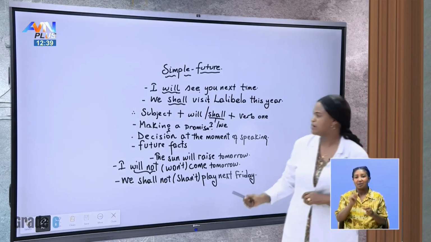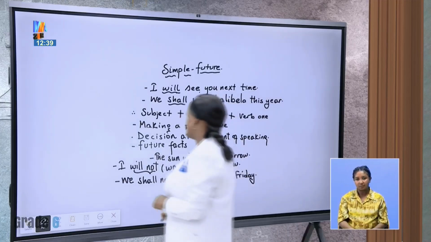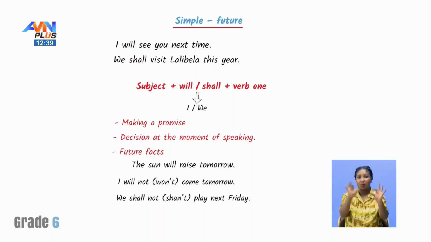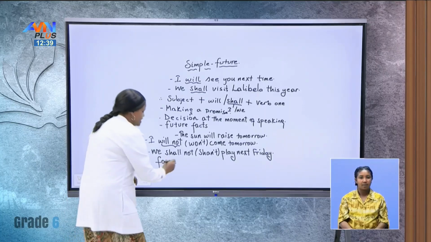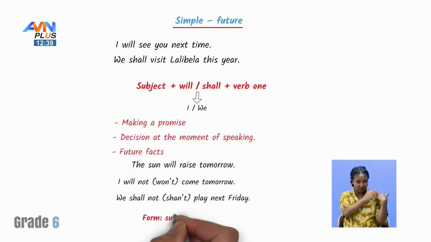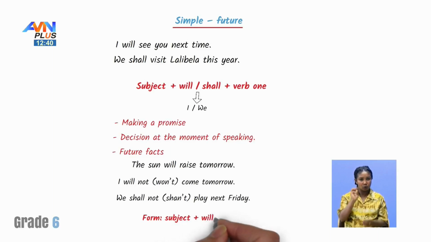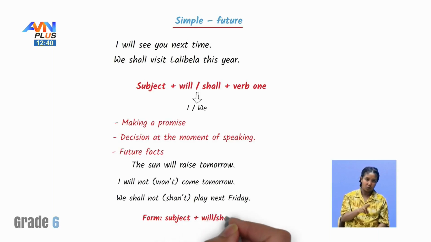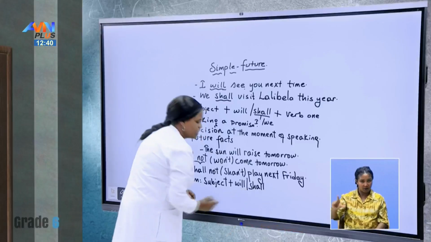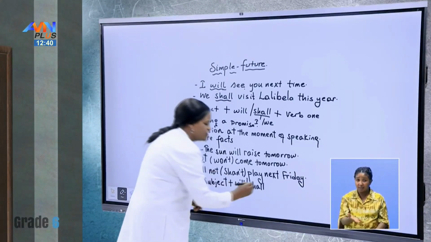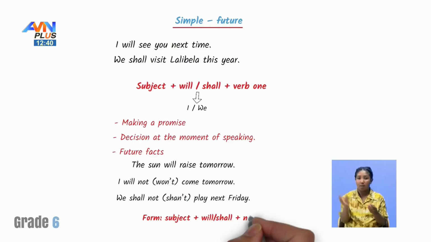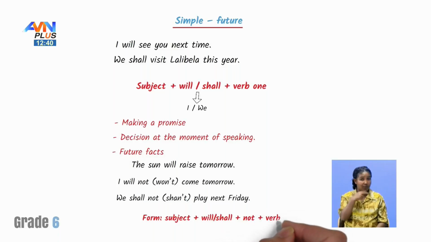Now let's come up with how to make it negative. And the form here is, we have a subject, yes, plus will or shall, yes, then the negative indicator word, not, then the verb is verb 1.